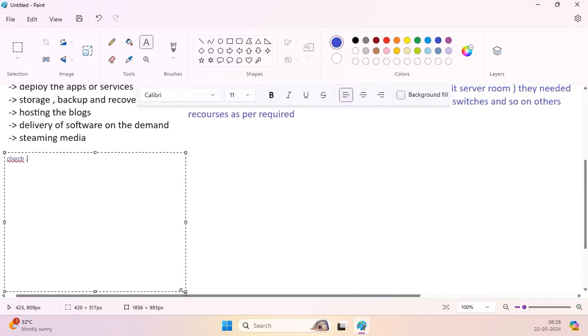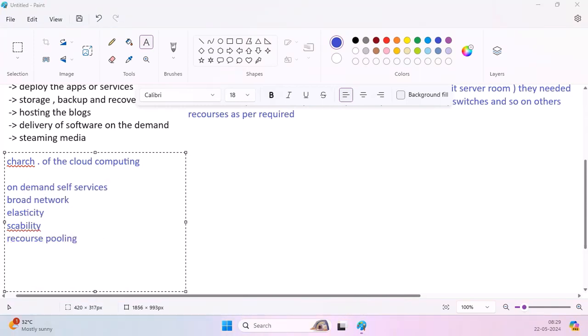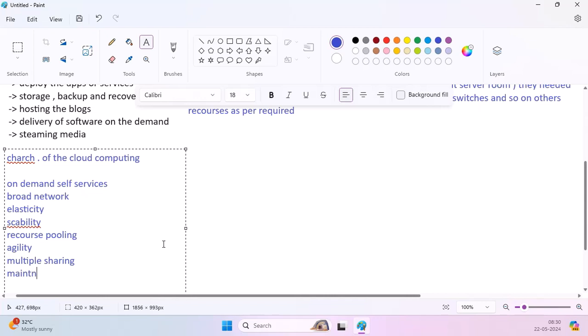Now let's take some characteristics of cloud computing. On-demand self-service, broad network access, elasticity, scalability, resource pooling, agility, multi-tenant sharing, and maintenance.